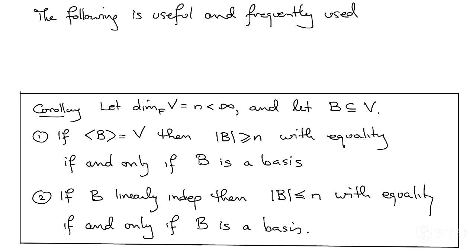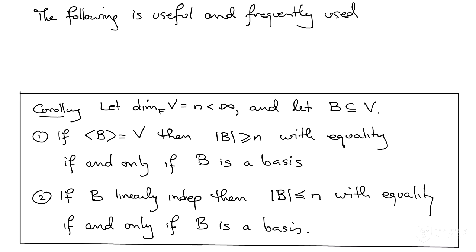Obvious, right? Because if it has less than n elements, then it can't be spanning. But we'll prove it in a second. So it's at least n, and moreover, equality holds if and only if B actually is a basis.